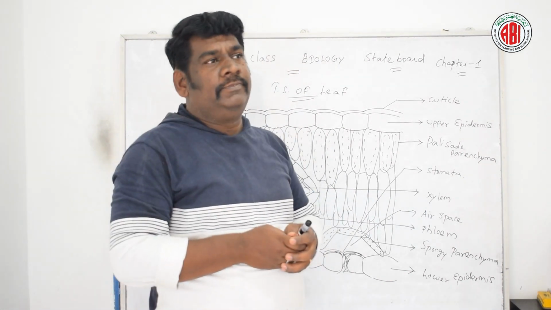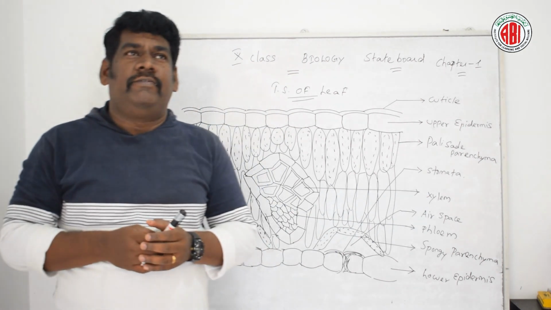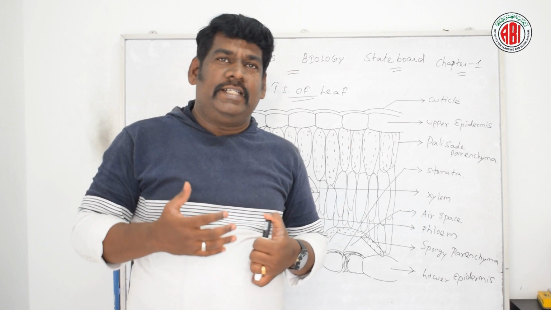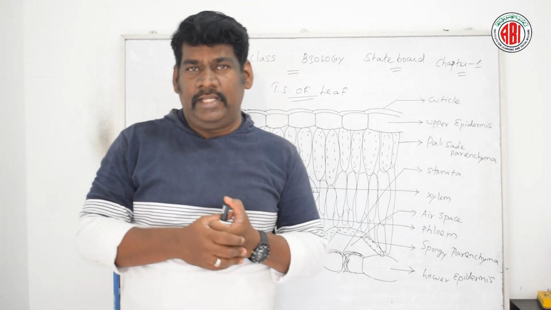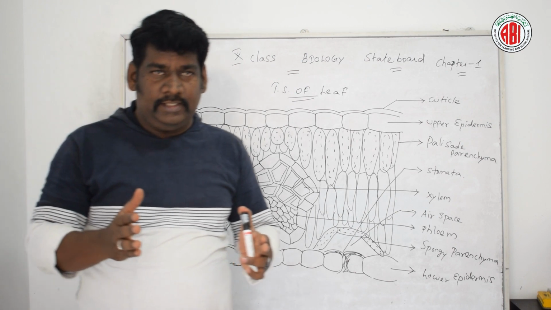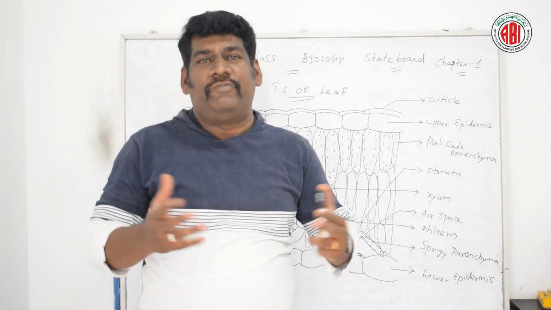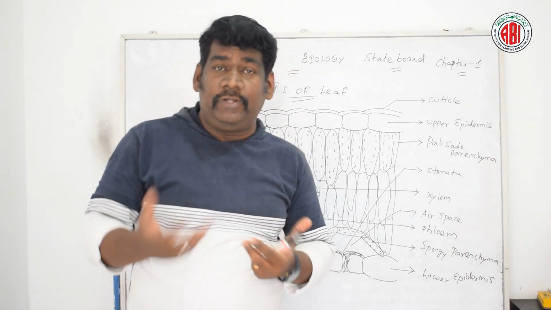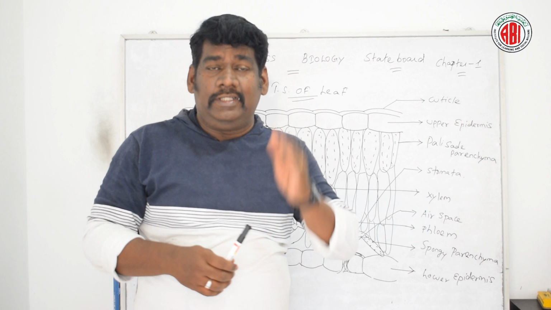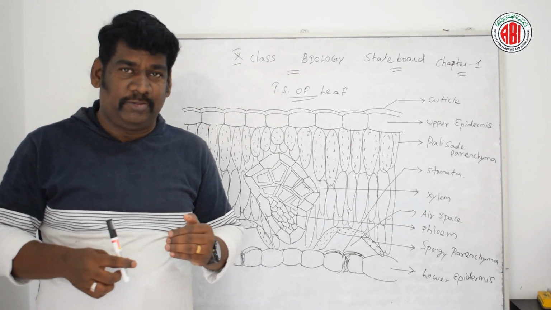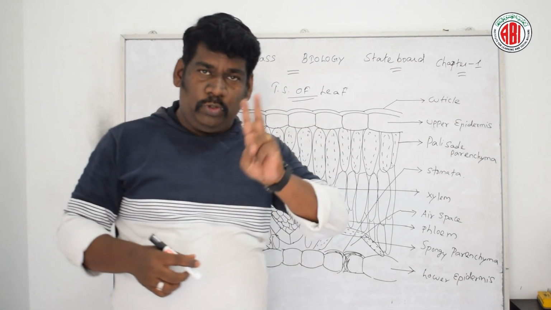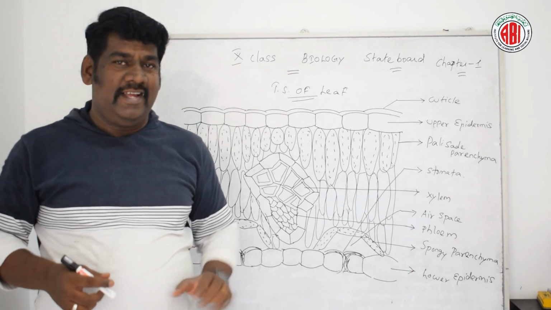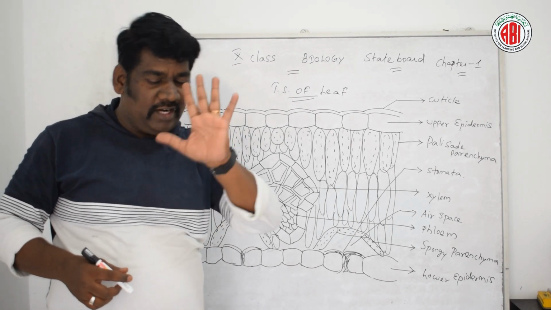Most probably, whenever diagram-based questions are asked in any examination, we should write at least 6 labeling parts so that the diagram is fulfilled. If you write more than 6 points, it is most welcome, but don't write fewer than 6 labelings. Right now we have 5 labelings: 2 epidermal layers, 2 parenchyma layers and 1 cuticle.